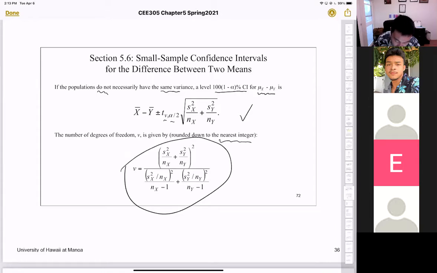Sx is the sample standard deviation for x. Sy is the sample standard deviation for y. Nx and ny are the sample sizes, and these are the sample means for x and y. So this is the equation for the small sample confidence interval for the difference between two mean values.